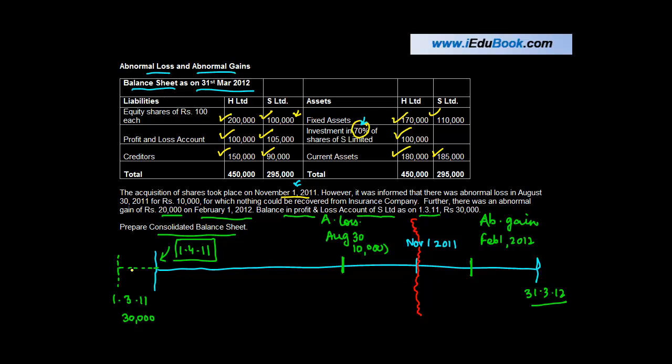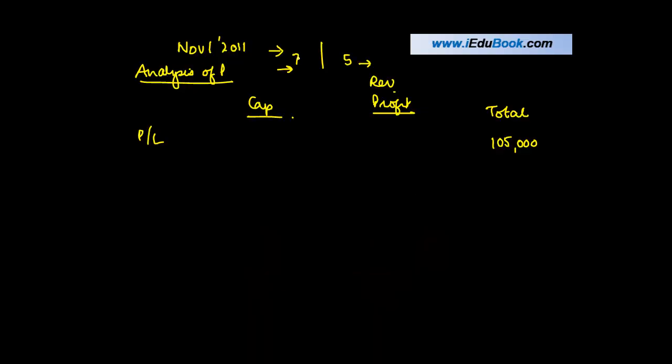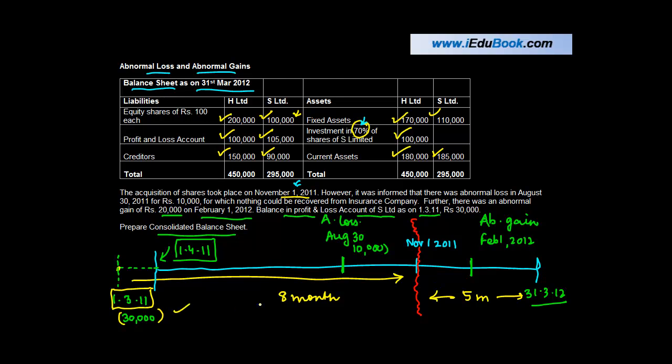In my case, the profit figure which is given is 30,000, but this is on 1st March 2011. So from 1st March 2011 until the date of acquisition, which is November, how many months are there? It's 8 months actually. And 5 months are here. So instead of taking this as 7, I will take this as 8 because this is the ratio in which the profits or the difference is going to be allocated. So what was the balance on 1/3/2011? The balance is 30,000.